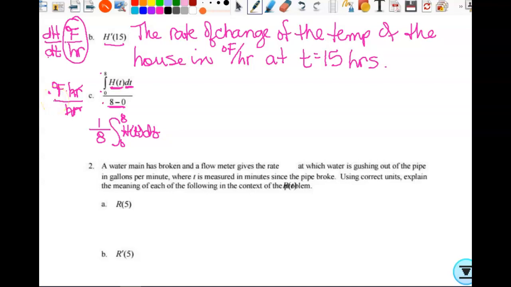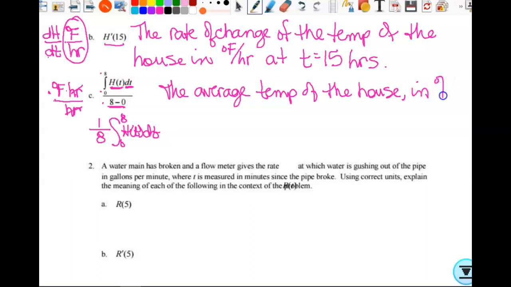So this is the what? The average, but the average what? Temperature, because it's in degrees Fahrenheit. Very good. The average temperature of the house in degrees Fahrenheit when?